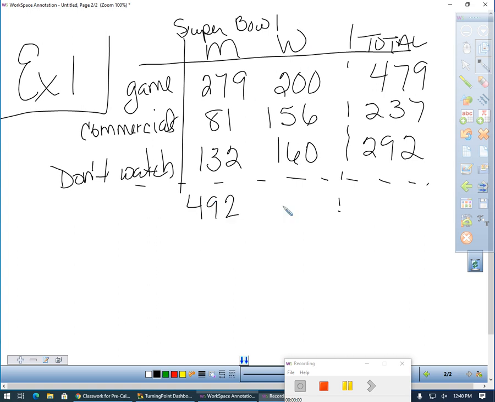If we were to add up all the women, we have a total of 516 women. So if we did our totals right, the columns this way and the columns this way should be the same, right? Totals, which I have 1,008. So hopefully I added this correctly. Here's our table. So your first couple questions in your homework, they're giving you a table similar to this, and they're going to ask you questions.